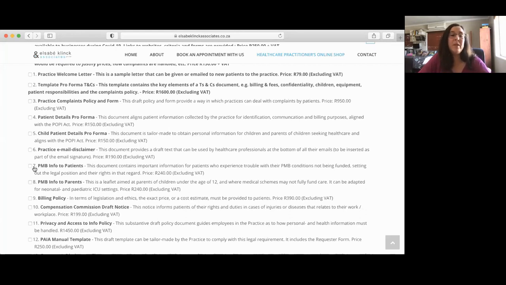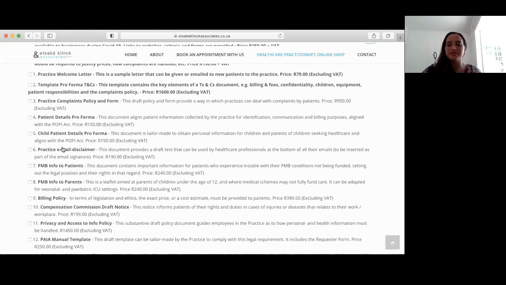Then you see there's PMB information. There's also a practice email disclaimer. In the POPI times now, it's really important that, because we don't know who's got access to the patient's email on the other side, we need to put something there.